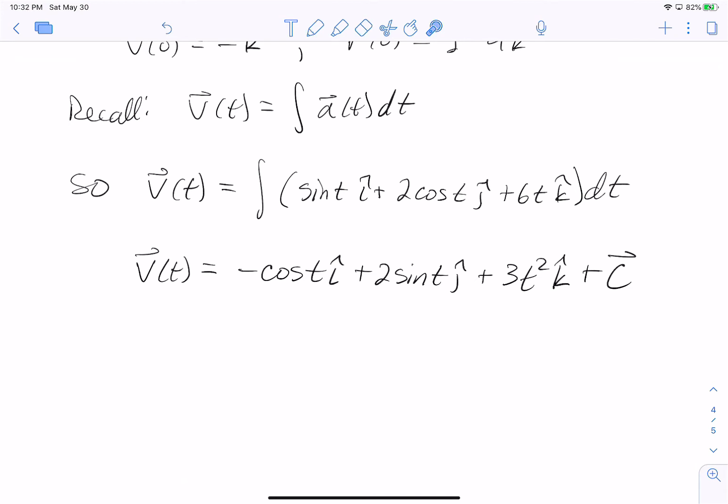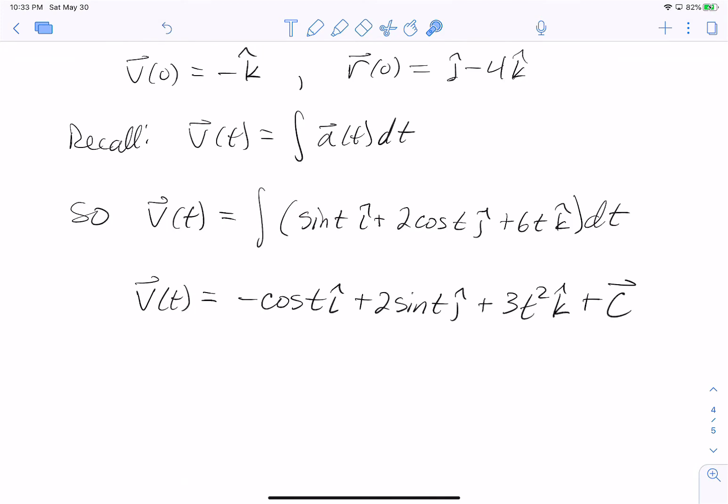A little note here, when I anti-differentiated sin(t), I wasn't sure right away if it should be cosine of t or negative cosine of t. Generally speaking, I'll integrate it in my head and then differentiate real quick and see if I should change the plus and minus. I know the derivative of the cosine is the negative sine, so the antiderivative of the sine should have a negative in front of the cosine.